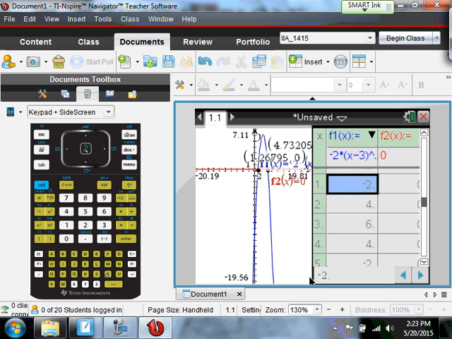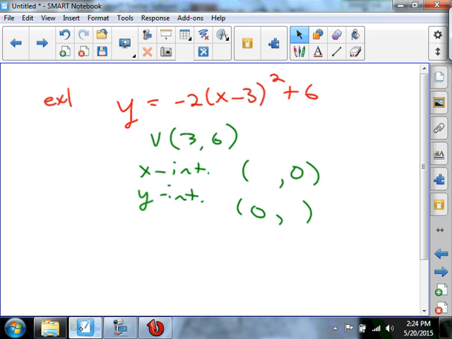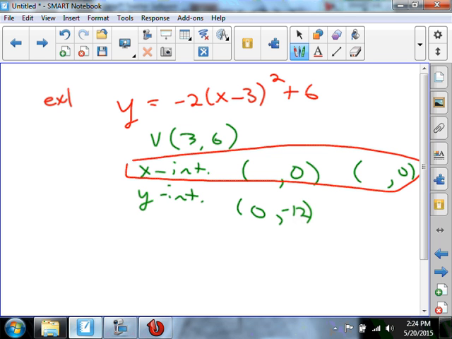Control T. So I'm looking for the value of y when x is 0. 0, negative 12? There it is. Cool. So our y-intercept is (0, negative 12). X-intercepts, there were 2 of them. The only thing that really kind of hurts us is that this is not going to give us exact answers, but it will give us decimal answers. Is that okay? Cool.